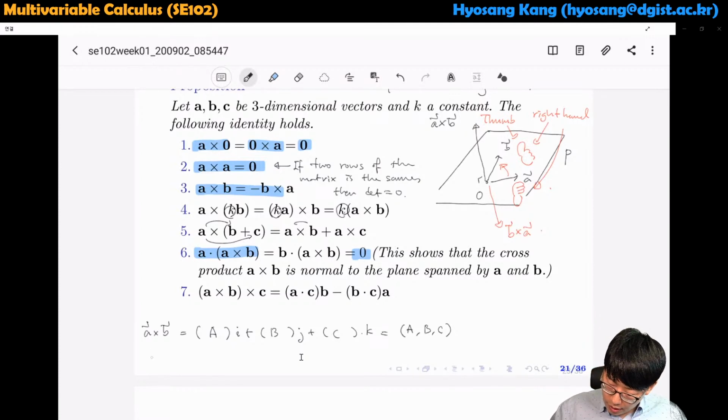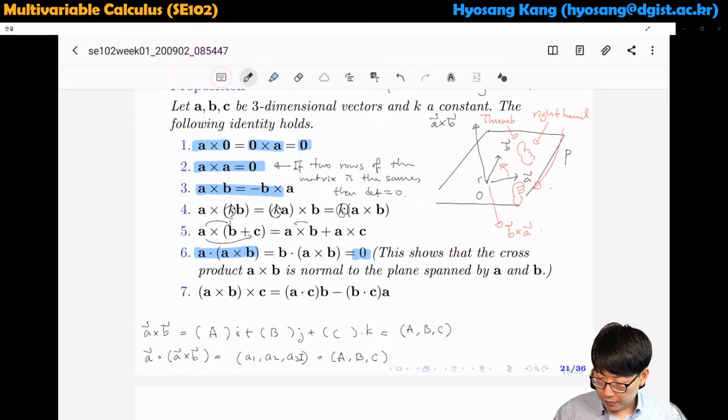And let's say I'm going to take an inner product with A of A cross product B. So what I'm doing is that I take A1, A2, A3, and then dot with large A, large B, and large C, right? So the result is large A times A1 plus large B times A2 plus large C times A3.